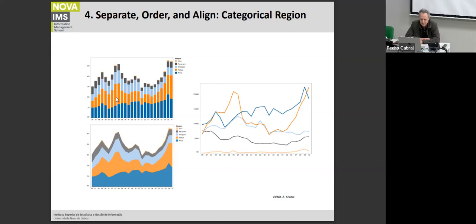Because the first option, the stacked bar charts, it's very difficult to compare the sizes of similar portions of different bars, okay? They are not aligned to zero. On the line chart, they are all aligned to zero. It's very easy to compare the values of each line against the other one, okay?